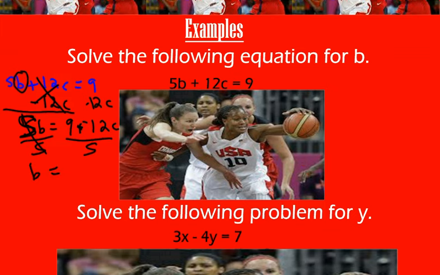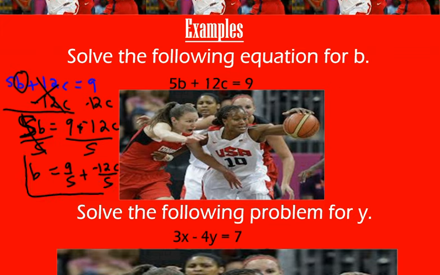Now the way we would normally do this, and we'll get into this more later, is we divide both the 9 by 5 and the negative 12c by 5. But since neither of them can divide evenly into 5, we're just going to leave it either like this, or we can do 9 over 5 plus negative 12c over 5.